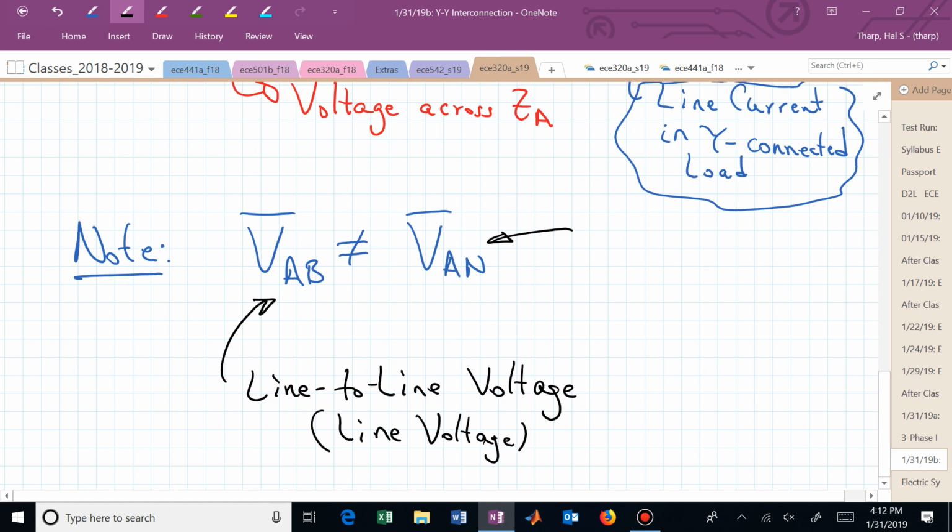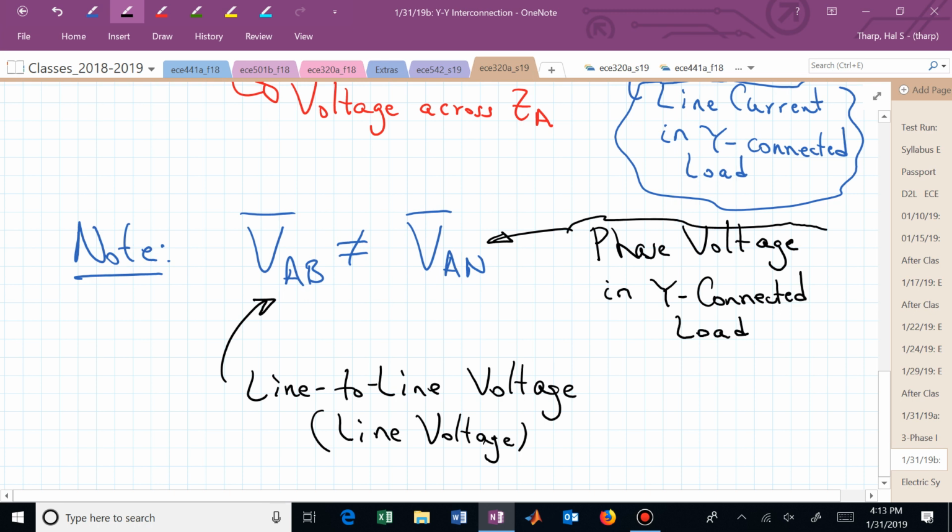And V sub AN is our phase voltage, not in general, but in a Y-connected load. Because in a delta connected load, the line voltage is the same as the phase voltage. So it can be confusing the first few times.